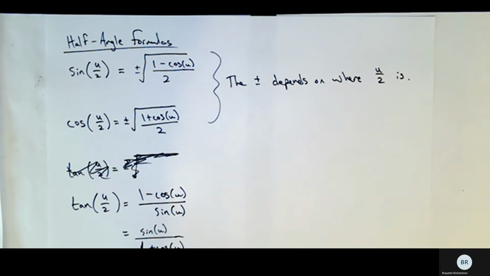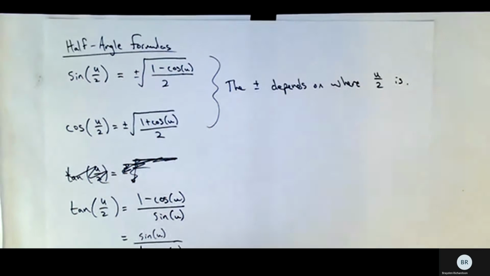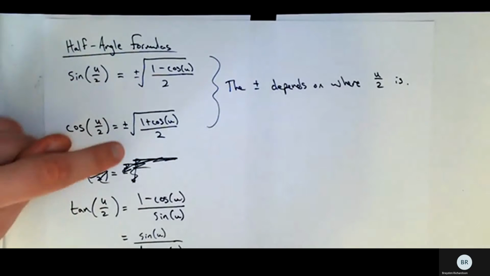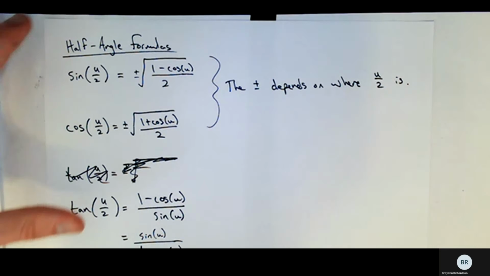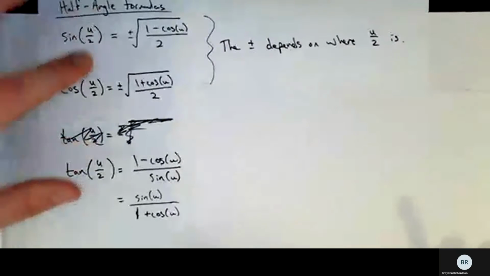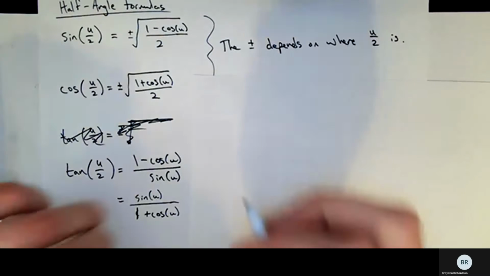I don't know why the book keeps changing inputs, but it doesn't matter. So u over 2 is an angle here, and in these two cases, you see a plus or minus happening. That is going to be dependent on wherever u over 2 ends up. Okay, so let's run an example.